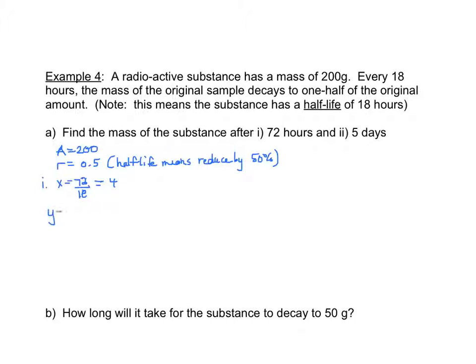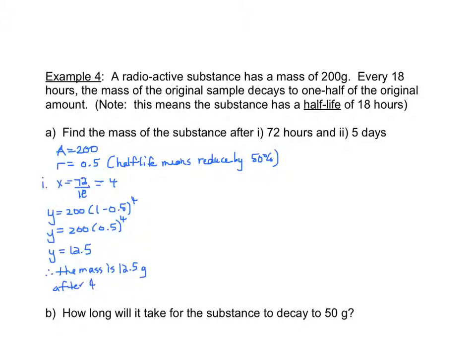So in our formula, we'll have 200 times 1 minus 0.5 to the exponent 4. 1 minus 0.5 is just 0.5. So 200 times 0.5 to the exponent 4 is 12.5. So therefore, the mass is 12.5 grams after 72 hours.